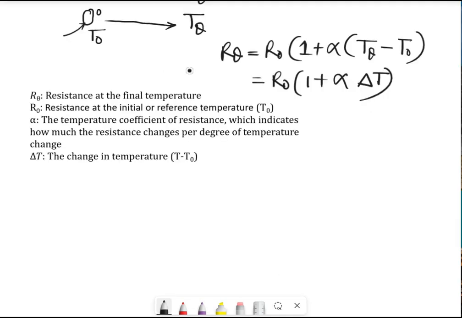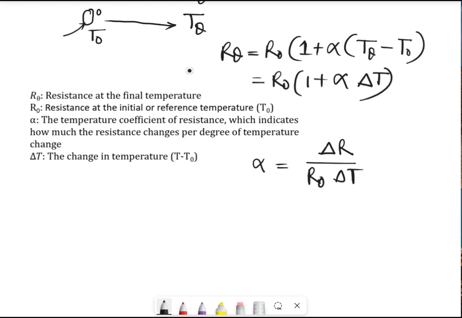From the equation we could write down the TCR, or temperature coefficient of resistance. So alpha is equal to the change of resistance over the initial resistance and the temperature difference, right?